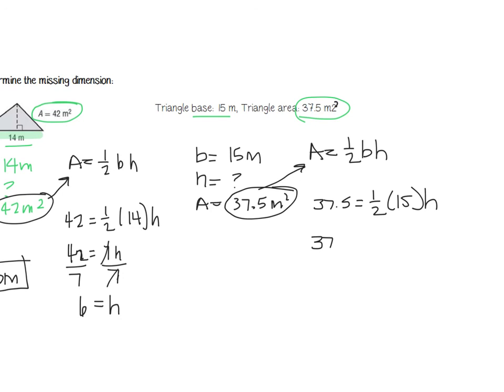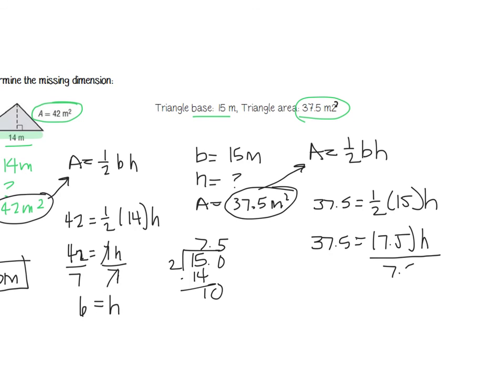So here we have 37.5 equals, and I need to do a little division problem. 15 divided by 2 would be 7.5. Okay, so I have 7.5h. To get rid of it and isolate the variable, I need to divide both sides by 7.5.